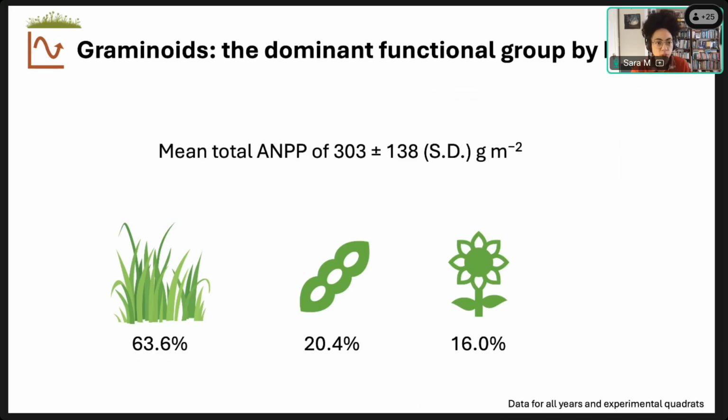In terms of results, unsurprisingly, graminoids are the dominant functional group by biomass, and they represented about 63 or 64% of the mean total annual net primary productivity, with smaller percentages for legumes and forbs.